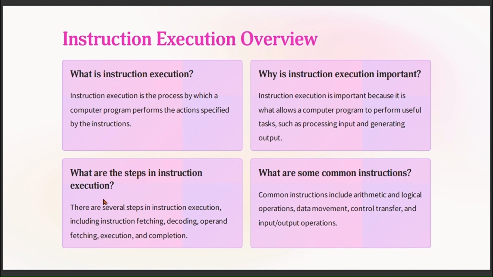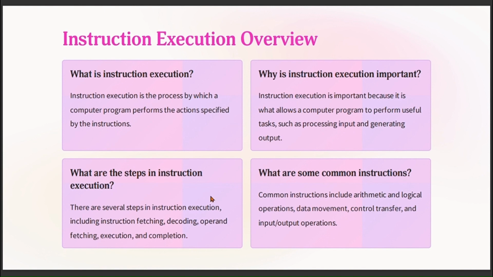What are the steps in instruction execution? There are several steps in instruction execution, including instruction fetching, decoding, operand fetching, execution, and completion. The steps typically include the following. Fetch. The CPU fetches the next instruction from memory. Decode. The CPU decodes the instruction to determine the operation to be performed and the operands involved.